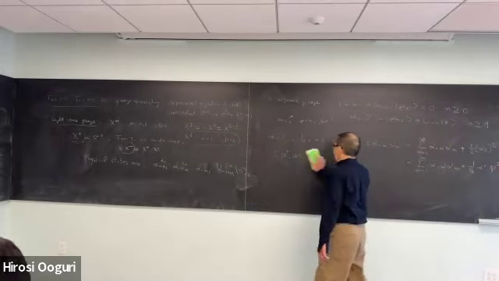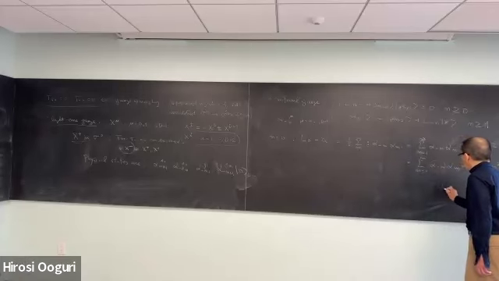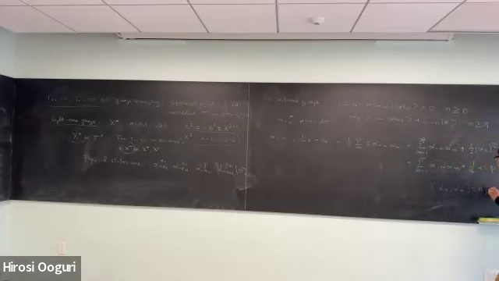Now alpha is normalized slightly differently because we normalize this commutator to be n times delta_{n+m,0}. So these are integers.